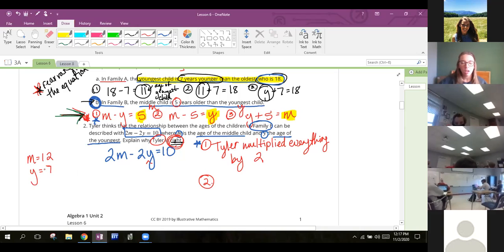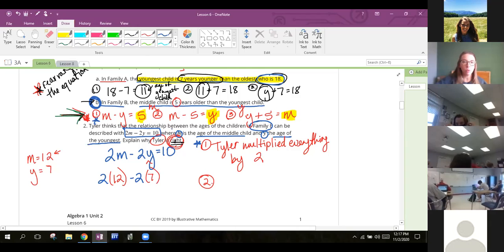Good. Okay, now in order to tell that it's equivalent, I would have to plug it in and see if I got the same solution. So let's try that. I have 2, and for M, what am I going to substitute? The 12 minus 2. What am I going to substitute for Y? 7.